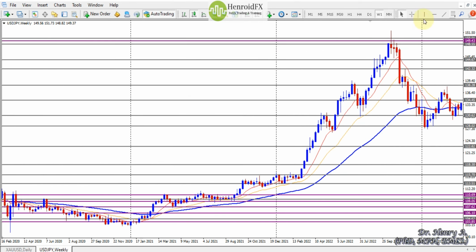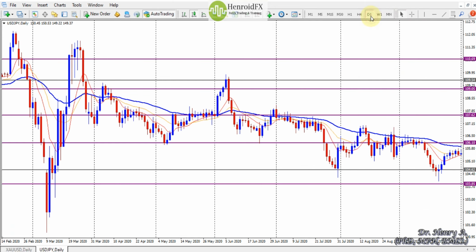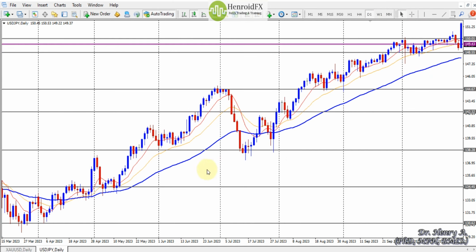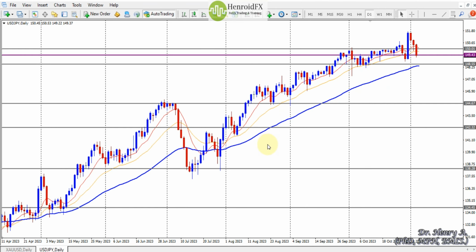Now, if you want to take your trade, you go to the daily time frame. The rule is that your 8, your 20, and your 50 must be in this direction.